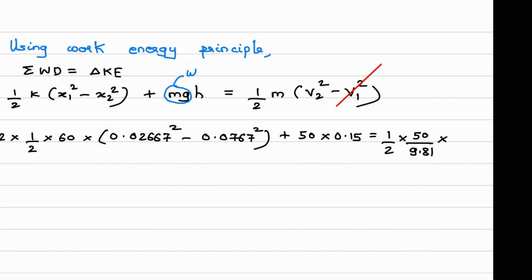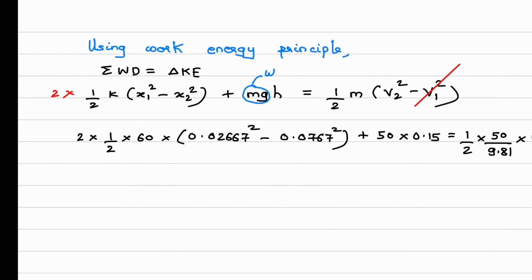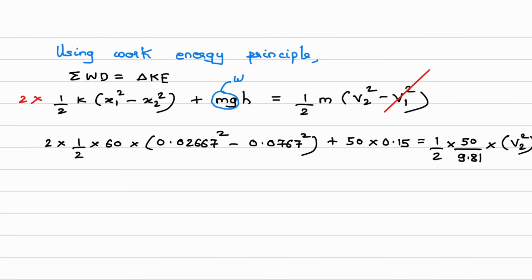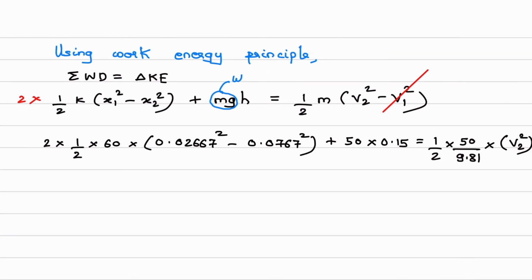So the final velocity we will have in the bracket v2 square. Now the only unknown in this equation is v2 square. The rest of the values we know in this equation, so we can calculate v2. v2 is equal to 1.6796 meter per second.